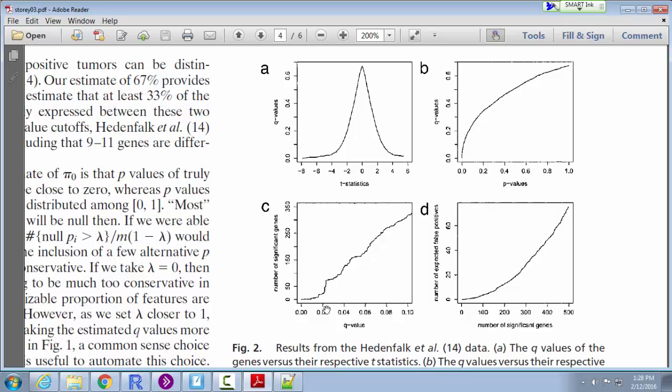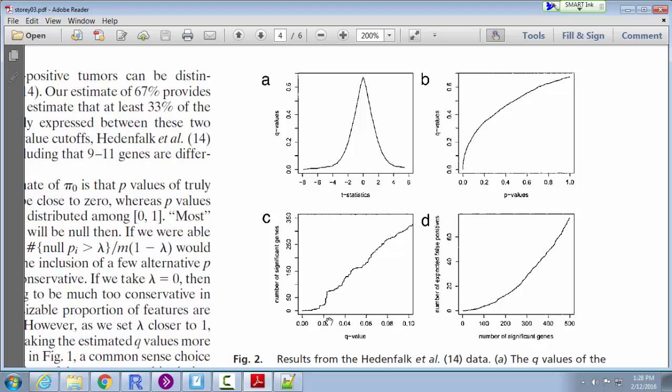So moving the FDR up to 0.025 or so, I get 80. I get an extra 50 features. Beyond that, it's kind of linear. So I'm trading off kind of equally errors for extra finds. So with this picture, I might say I'm happy right here. I can tolerate an FDR of 0.025.